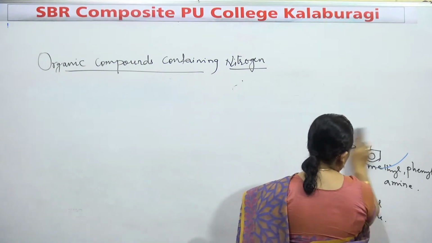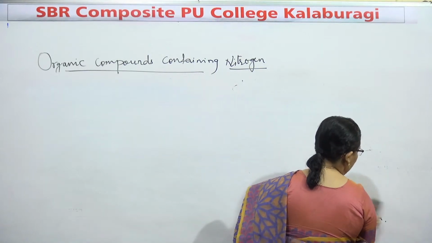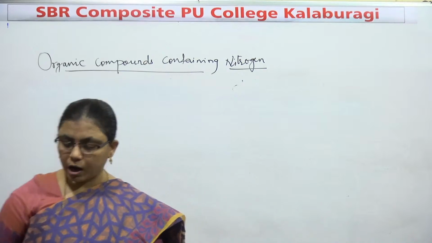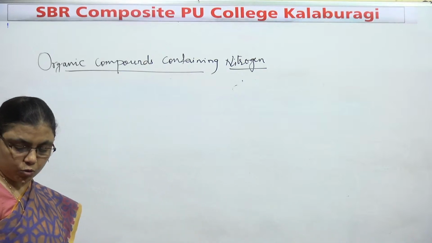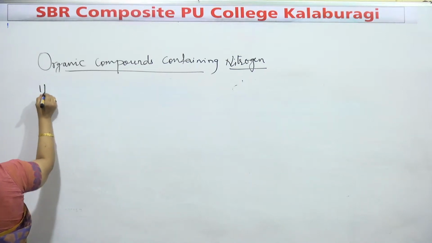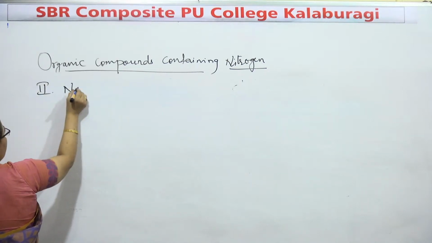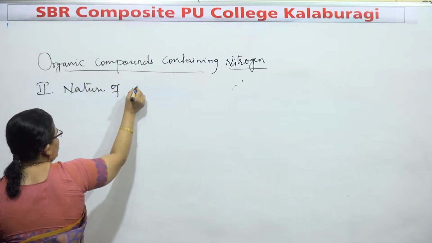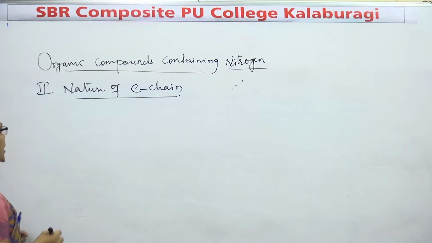Second classification. First class, as we have discussed, is on the basis of number of alkyl group or aryl. Now let us move to the basis of nature of parental chain, the nature of carbon chain.